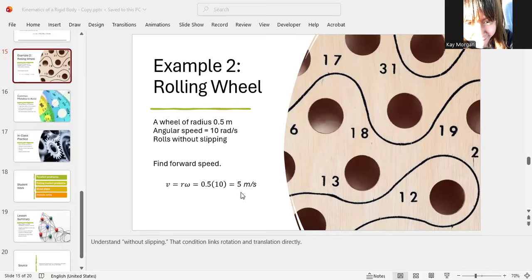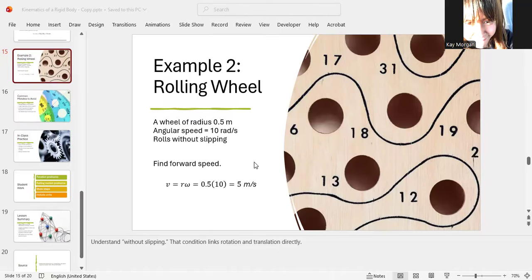Calculate, and it gives you 5 meters per second. The radian is going to be gone again here. So this problem is just teaching you about rolling motion.